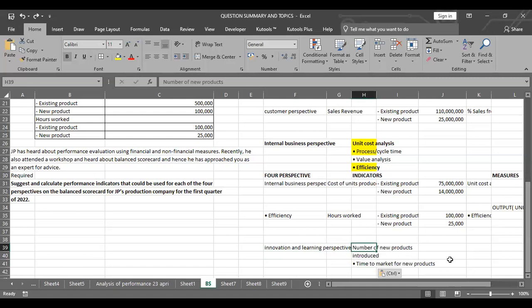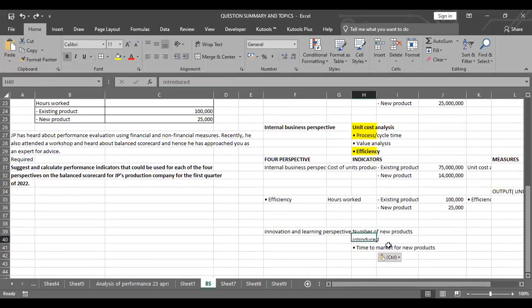One of them is the number of new products introduced, of course, and time to market for the new products. So that is probably what we may check as the last component of this, and then we decide whether it is making sense from that.